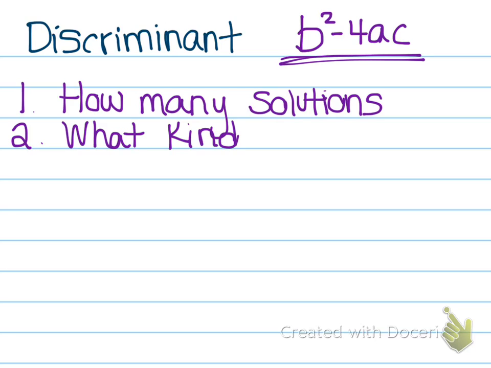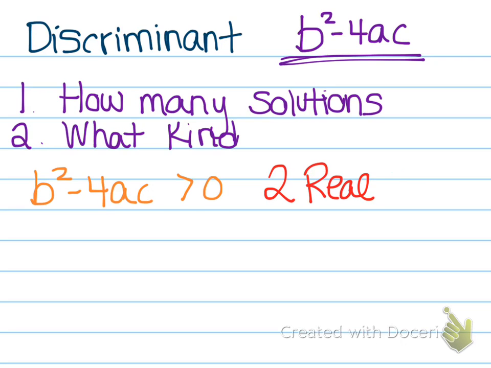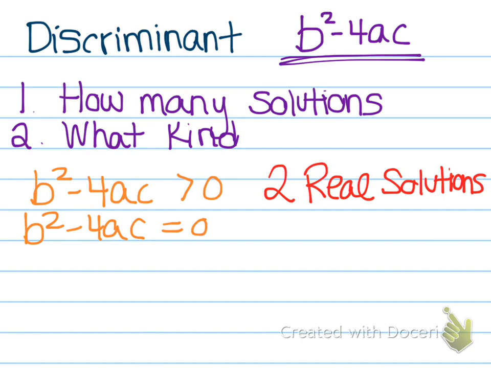So if the value of the discriminant, so b squared minus 4ac, is greater than 0, there's going to be two real solutions. If the value of the discriminant is equal to 0, then there's going to be one real solution.